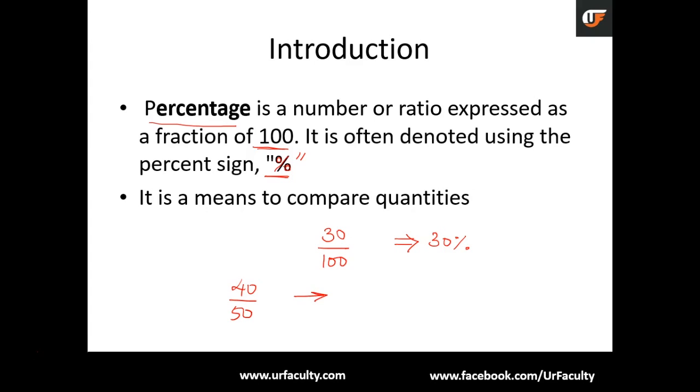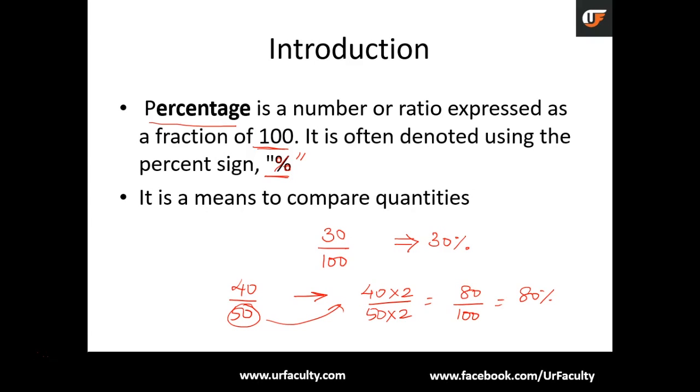What do you do? You convert this 50, the base value, to 100. How do you do that? You multiply numerator and denominator by 2 and you get 80 by 100, and that gives you the percentage as 80%. Ultimately it gives you a way to compare quantities.